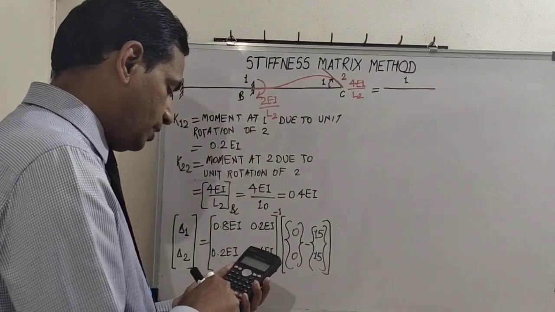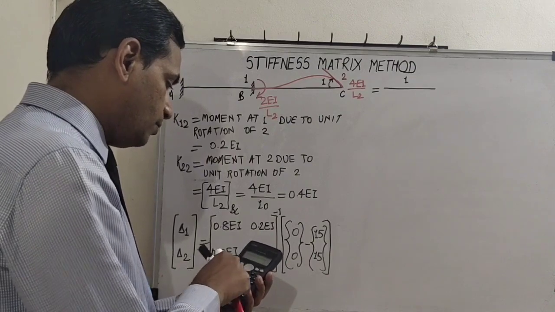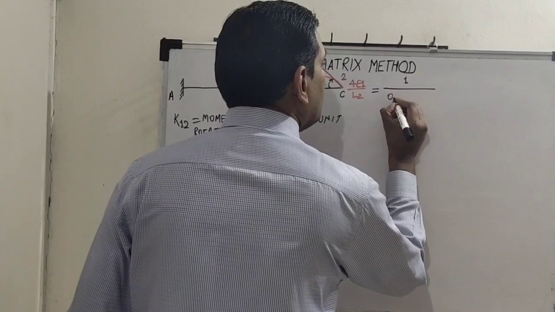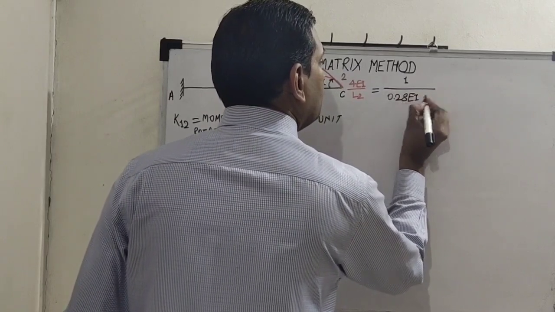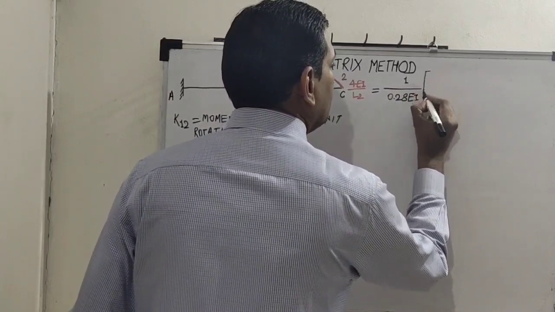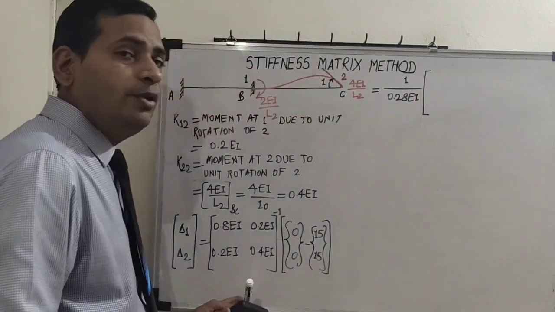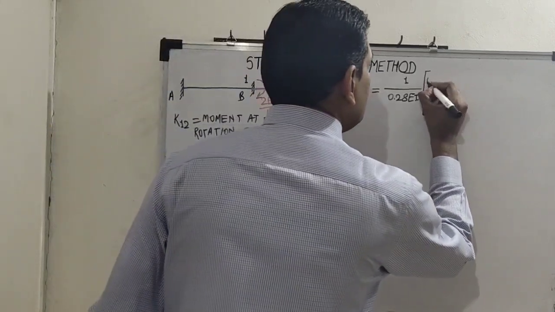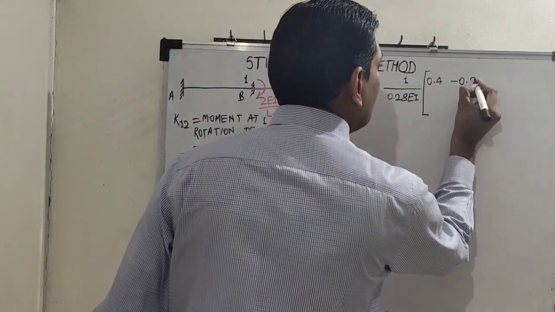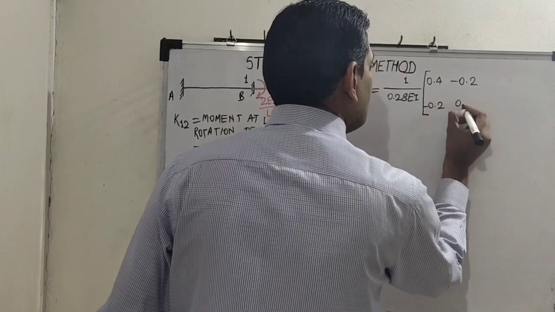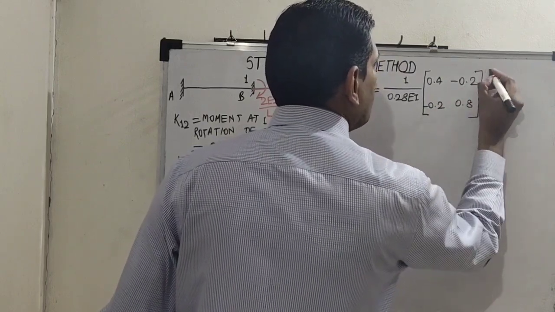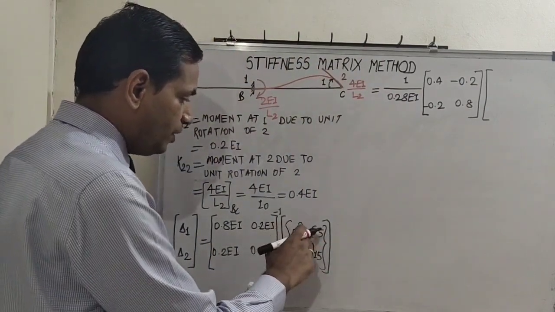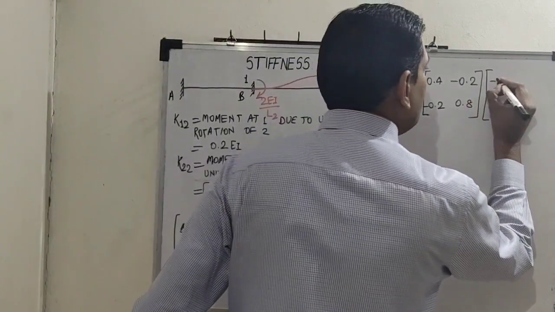So the answer is 0.28 EI multiplied by, what will be the inverse elements? Interchange diagonal elements first. 0.4 will come here, this will become minus 0.2 and 0.8 will come here. Inverse of the 2 by 2 matrix is over. Then 0 minus 15, both values will be minus 15.